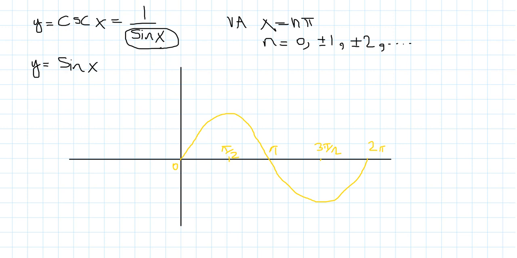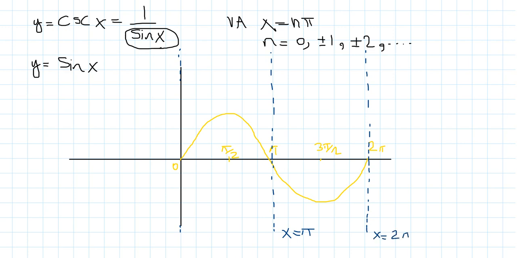Now I want to draw the vertical asymptotes. What are my vertical asymptotes? On x equals 0 it is the first vertical asymptote. On x equals pi it is the next vertical asymptote, and the next asymptote is on 2 pi.